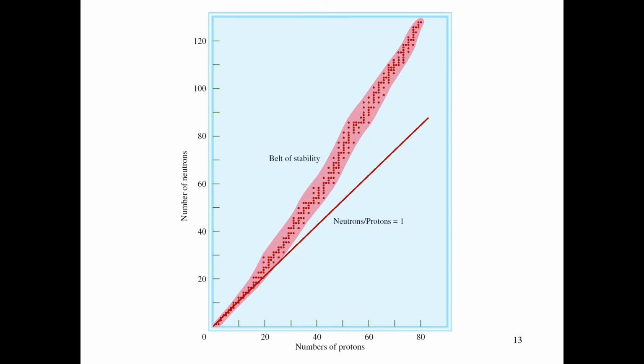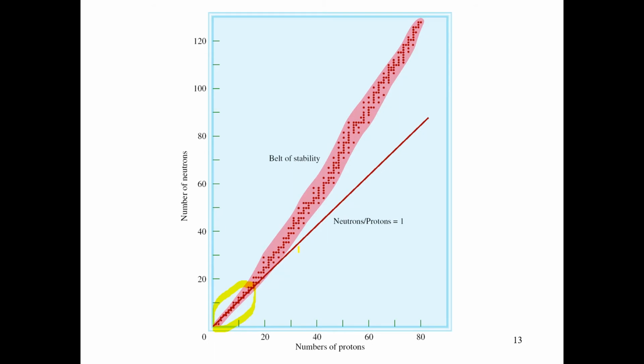Now, for small atoms, it seems like a 1-to-1 ratio will do it. You can look here at the first part of this graph, and you can see that for the first 20 or so elements, a ratio of 1-to-1, 5-to-5, 10-to-10, 20-to-20 neutrons to protons keeps everything fairly stable.